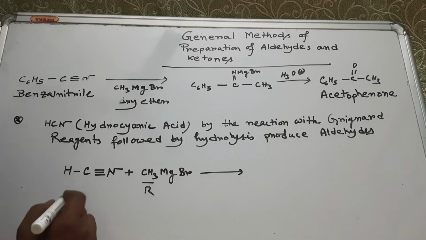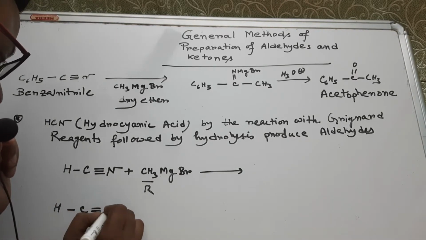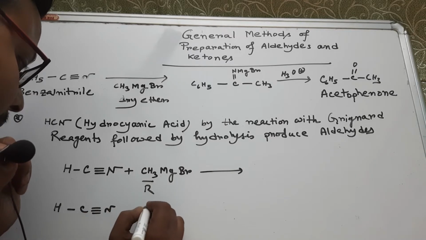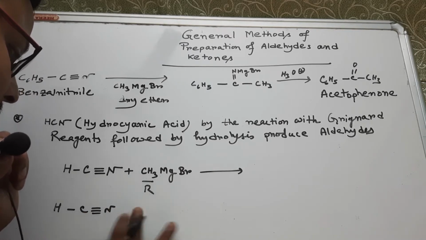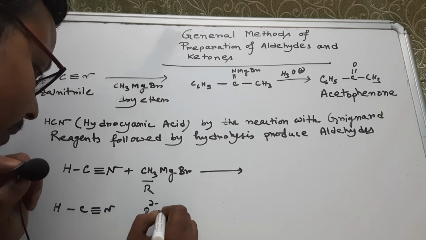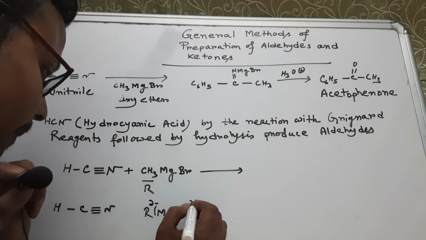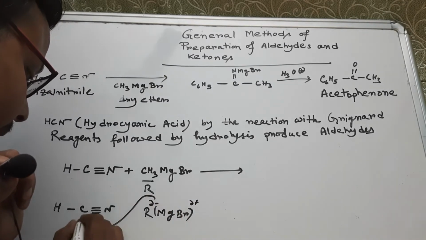So like this, H-C≡N, and the Grignard reagent will be like this. The CH3 group will be migrated to this carbon atom.